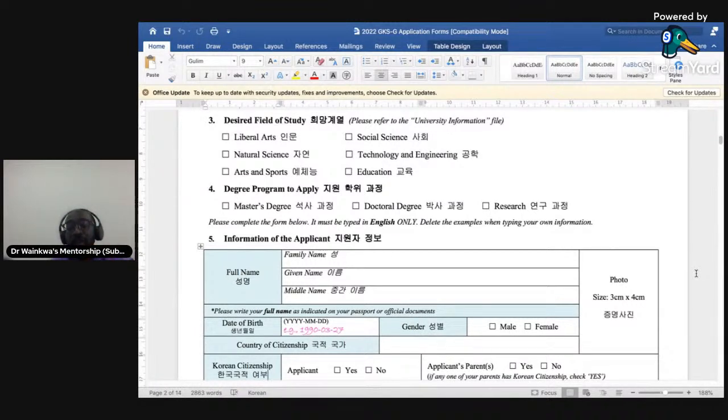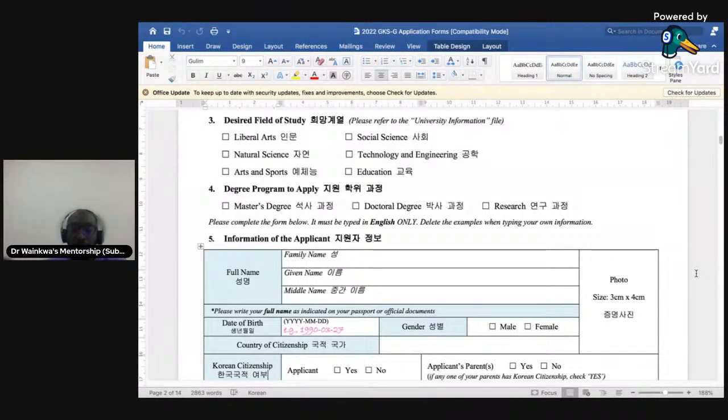They just want to see the applicant, if the person applying is really a human, and if the person applying is also not a Korean too. Because mind you, Koreans are not eligible for this scholarship. People with Korean nationality too are not eligible for this scholarship.